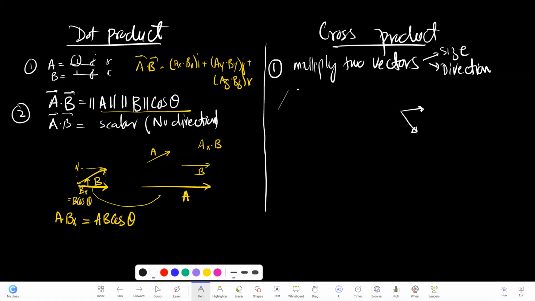In dot product, I want to know how similar or same direction the vectors are. In cross product, I want to know how different the directions are. So cross product is most happy if two vectors make a 90-degree angle. Dot product is most happy if two vectors A and B are in the same direction, at a 0-degree angle.